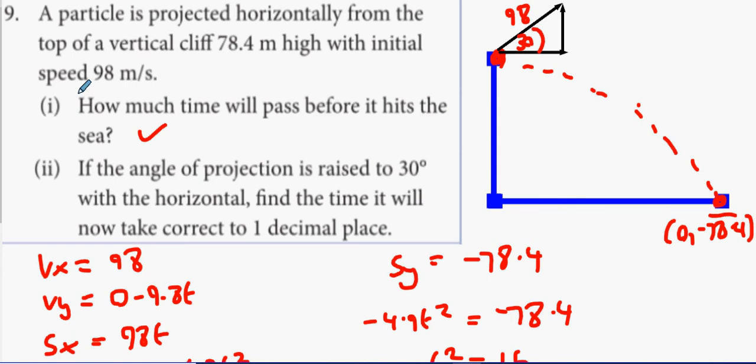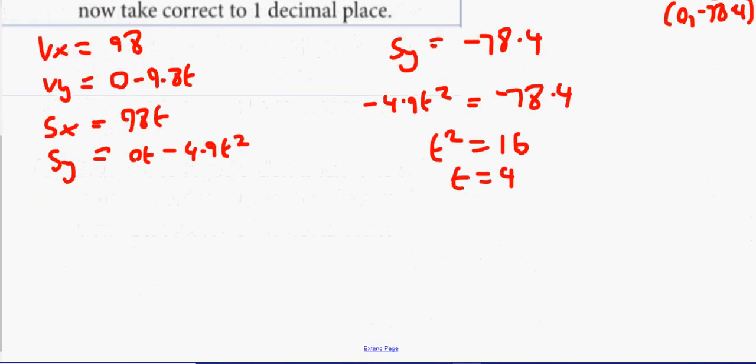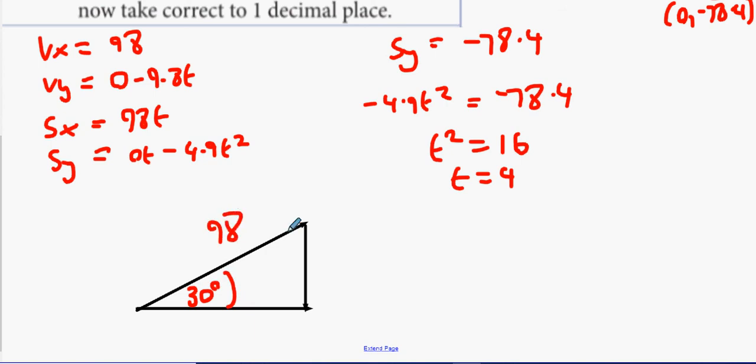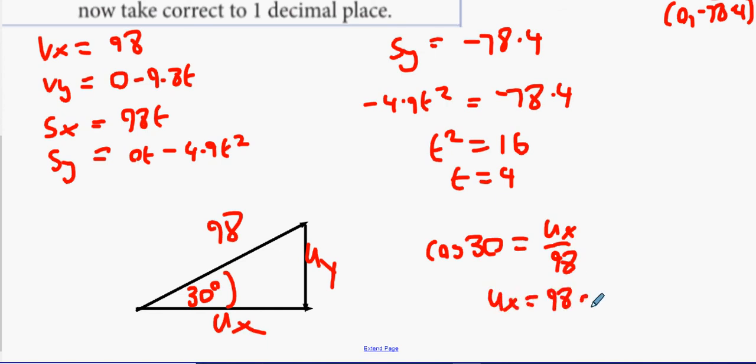There we got that. So you have a new triangle. And you're shooting up and to the right. And what you have there is you have 30 degrees here. 98 meters per second. So we have to find out what x and y are. Or technically speaking, it's uy and ux. The initial speed along y and the initial speed along x. Alright, cos 30, which is adjacent over hypotenuse, will be ux divided by 98. Therefore, ux is 98 cos 30.